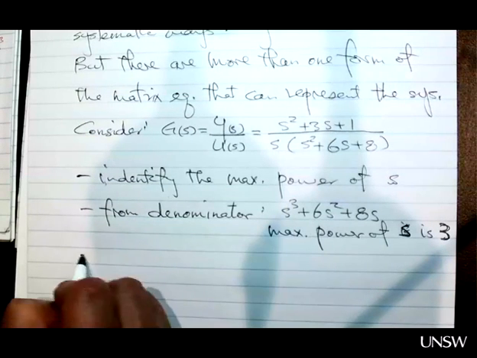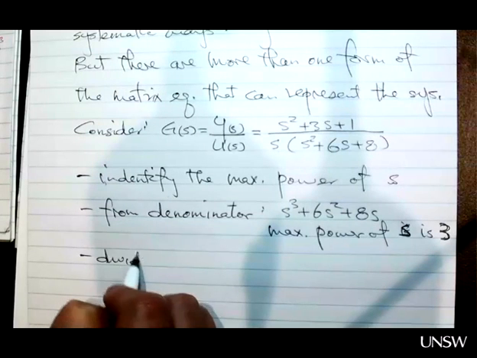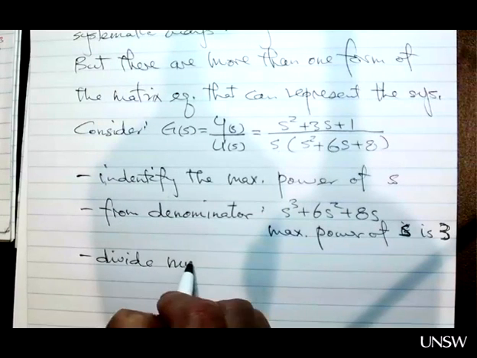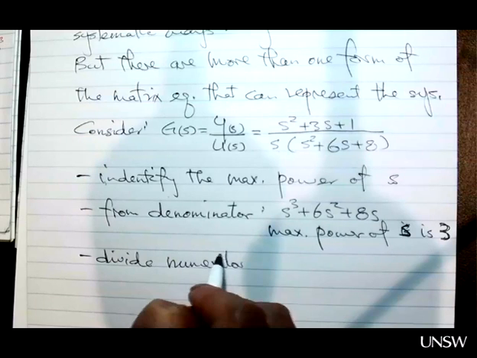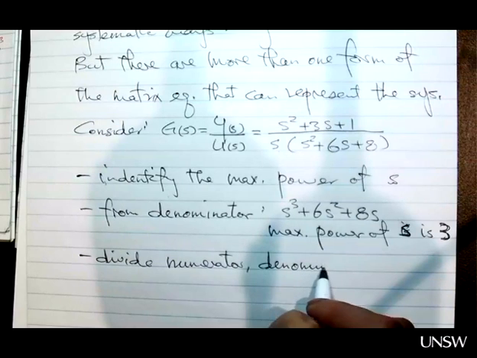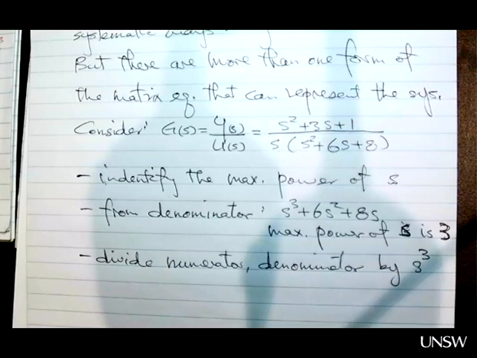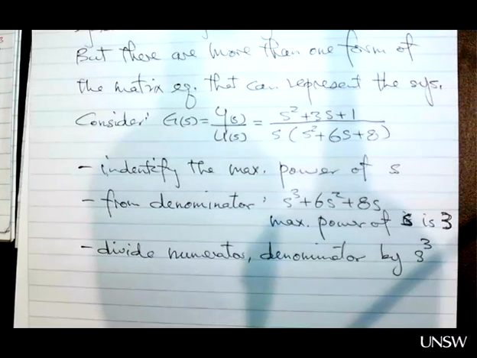Then the next step is to divide our numerator and the denominator by s cubed.